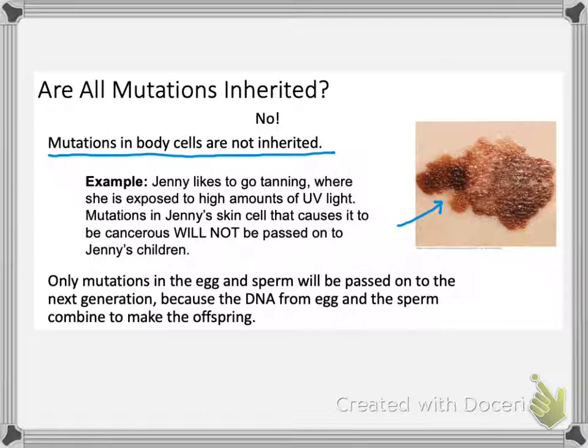Because she develops skin cancer, and her skin cancer is in her skin, her children are not automatically going to be born with cancer. You don't pass your skin to your offspring. Only mutations in eggs and sperm are going to be passed on to the next generation, okay? Because eggs and sperm are what contribute to the offspring.